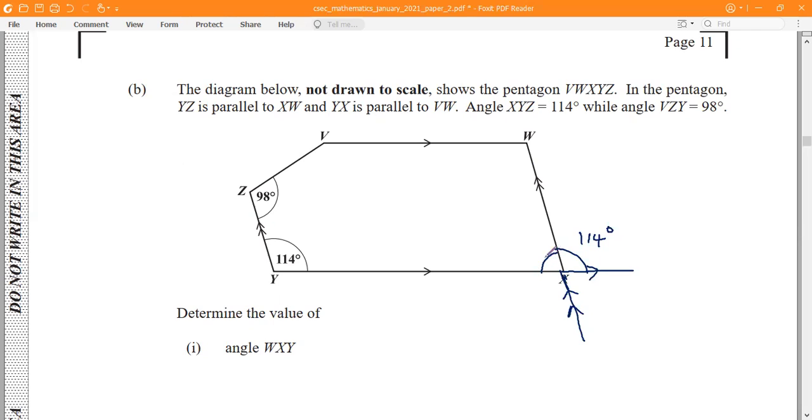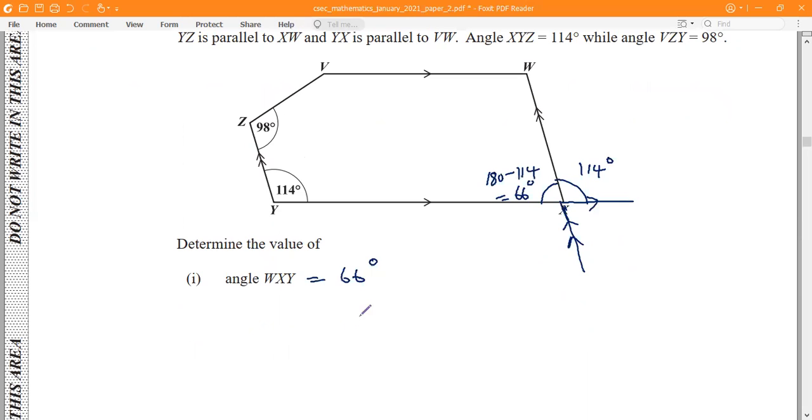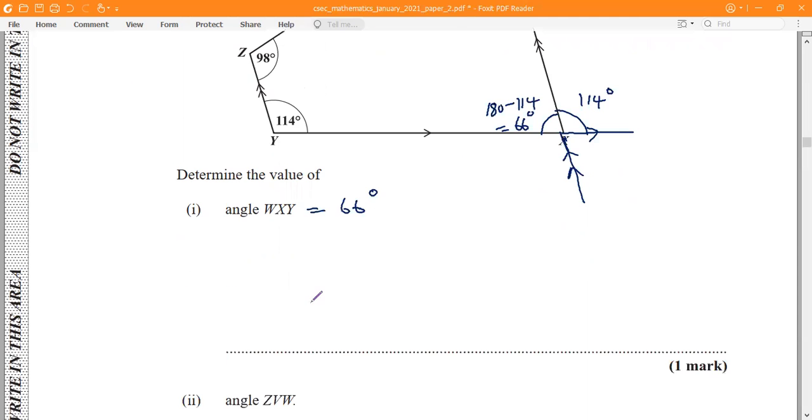In order to work out angle WXY, we need to just subtract 114 from 180. So we get 66 degrees as this angle, since a straight angle has 180 degrees on it.